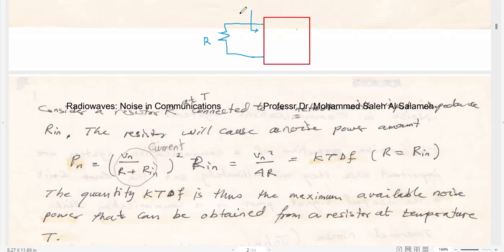For simplicity, let's consider Z input equal to R input. So there is complete matching, or a full match, between the resistor and the network.